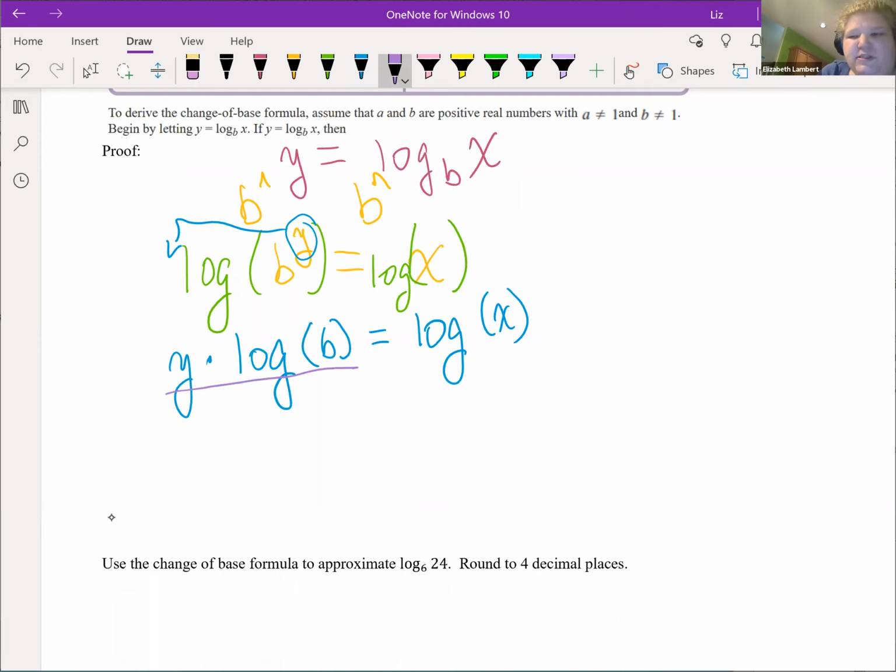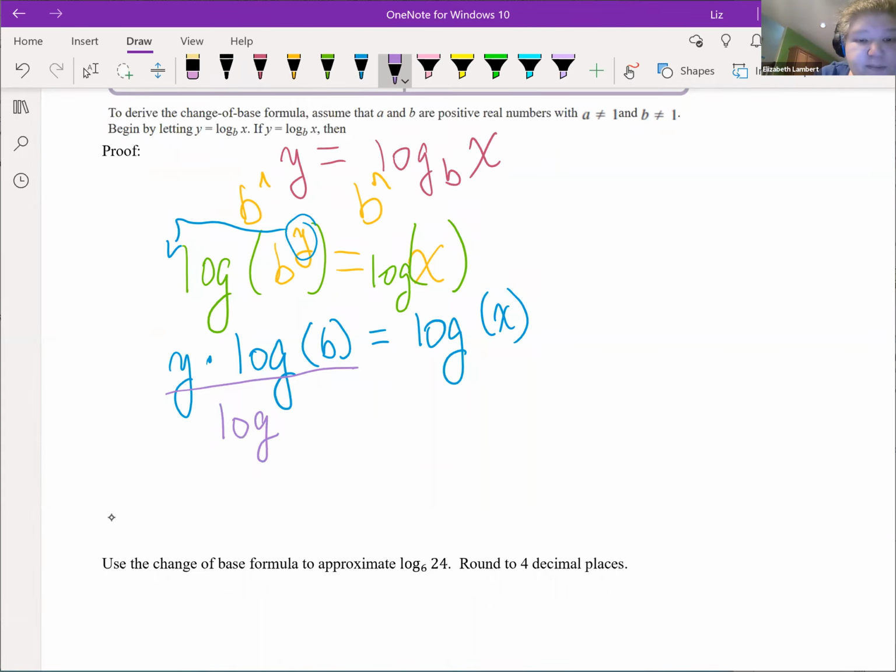Logs themselves don't ever equal 0 because the range is 0 with the curve. It gets really close to 0. We get a lot of fractional exponents, but we don't get 0 as the result because the exponential function, all the results are always positive on it.